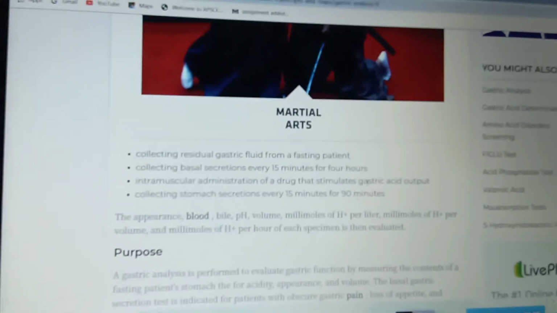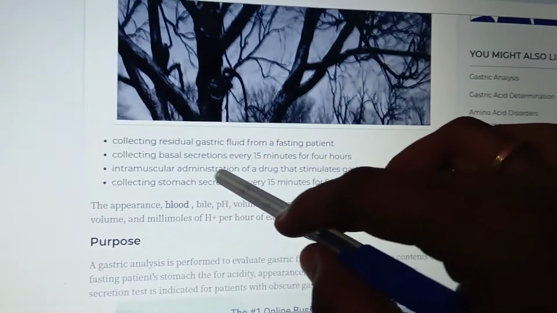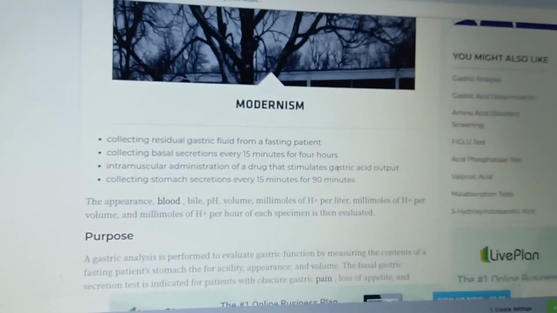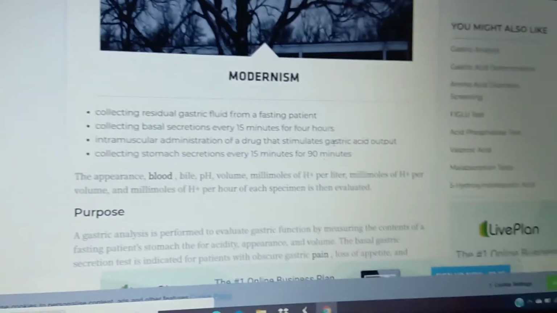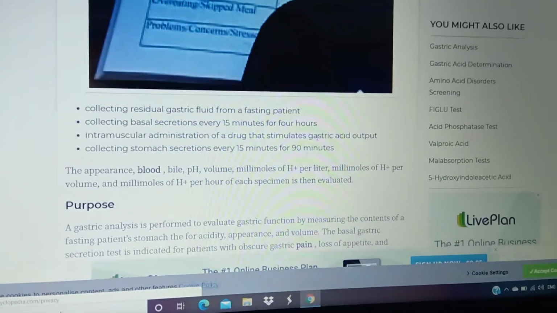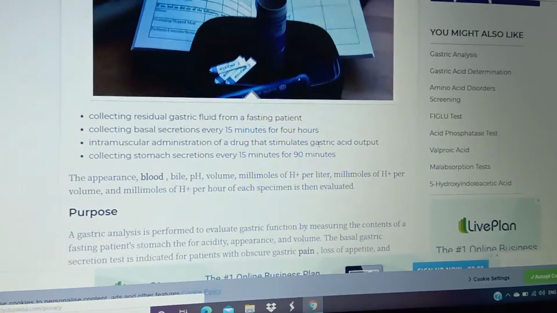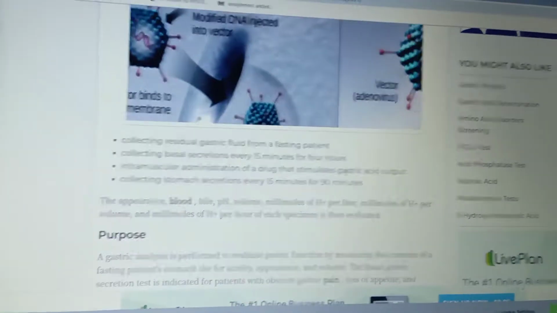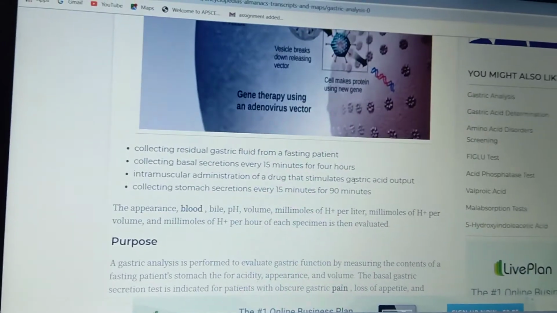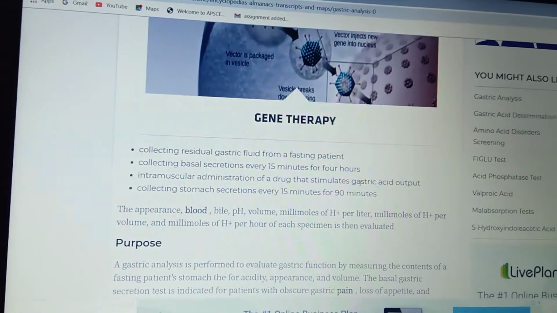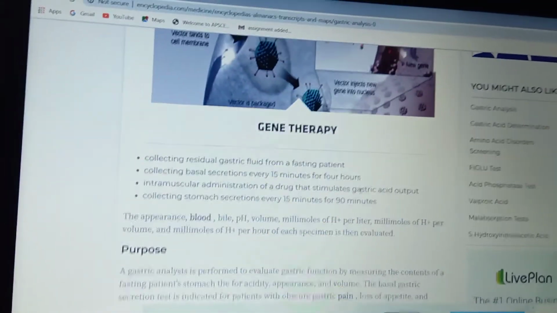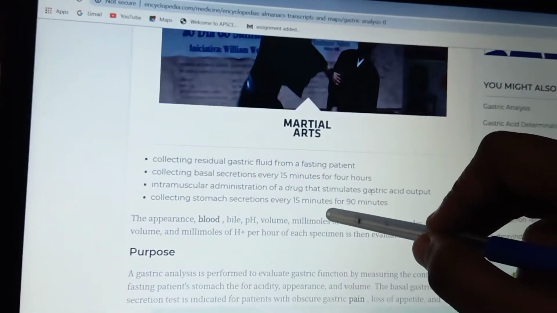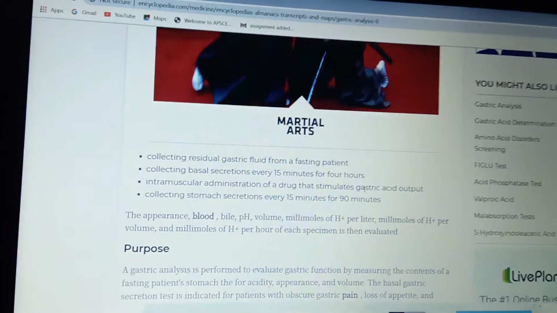After that they introduce a drug by intramuscular administration. The action of this drug is to stimulate our gastric output, so the HCl output will be released. Or, in this procedure, we can collect stomach secretions every 15 minutes for 90 minutes.